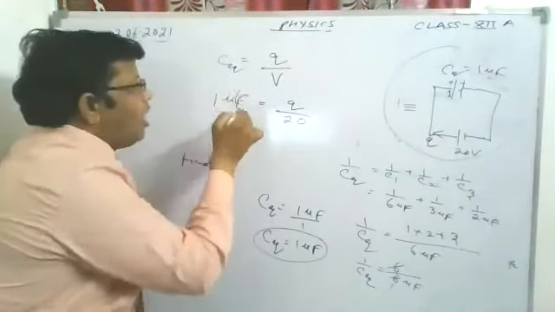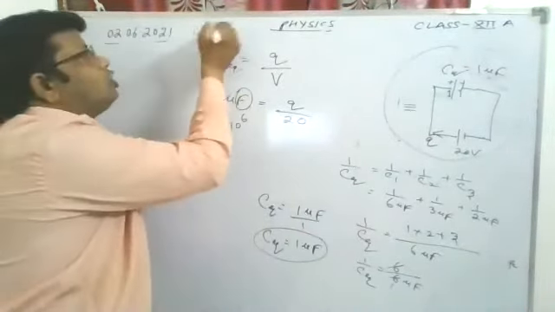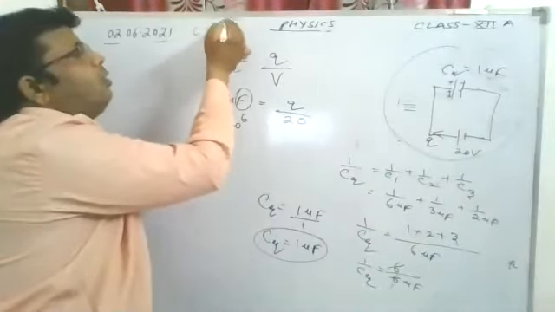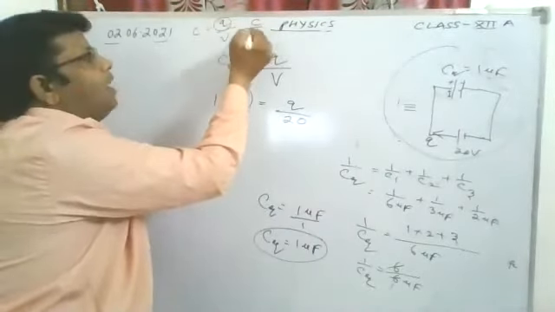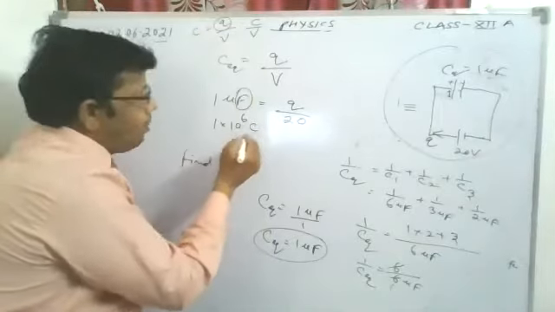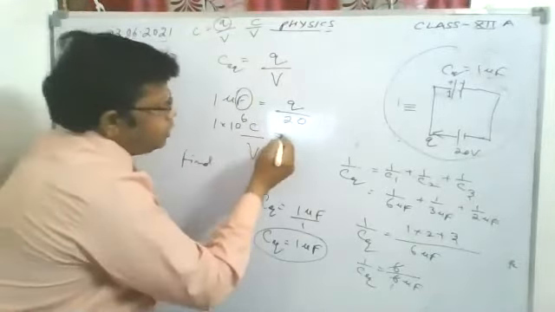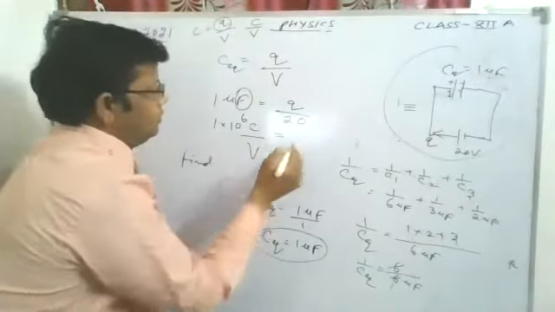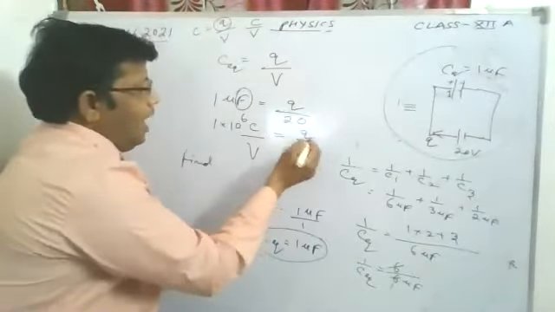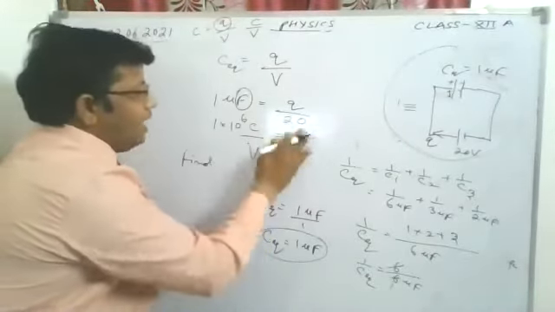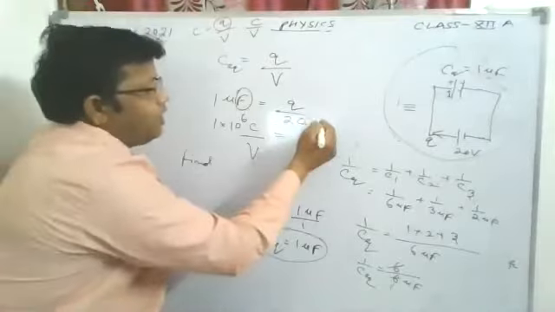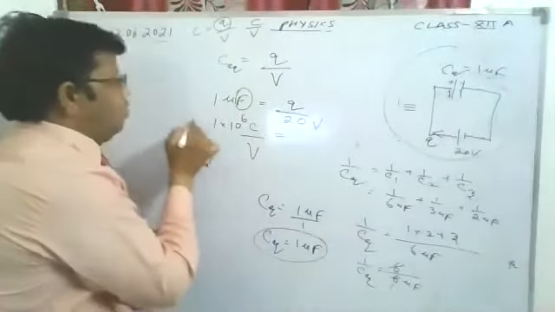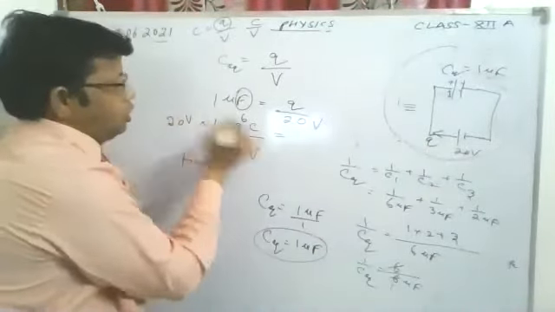What is the unit of farad? How can we write farad? C is equal to Q upon V. What is the unit of charge? Coulomb per volt. You can write coulomb per volt is equal to Q. And 20 comes this side. 20 volt is equal to Q.